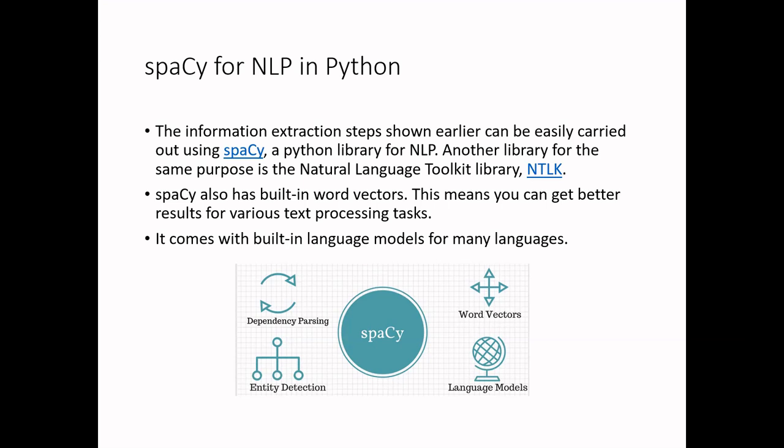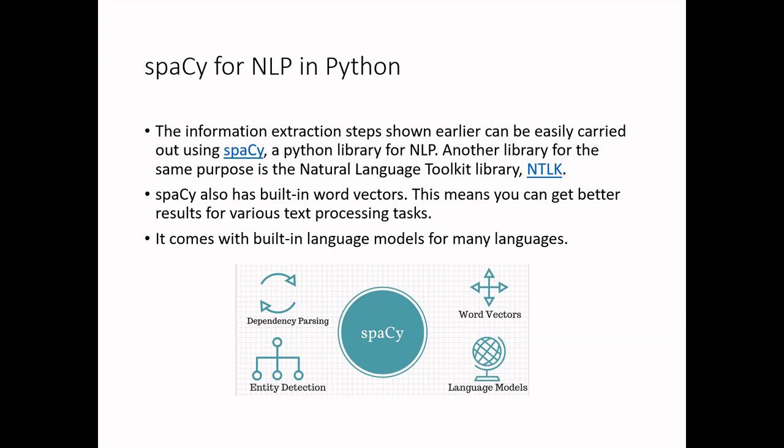Now, a couple of other advantages of spaCy and some similar libraries is that they come with built-in word vectors. Remember last time we talked about how, in order to get really good results, one needs to represent each word as a vector. And I mentioned one or two different ways of how one can do it.